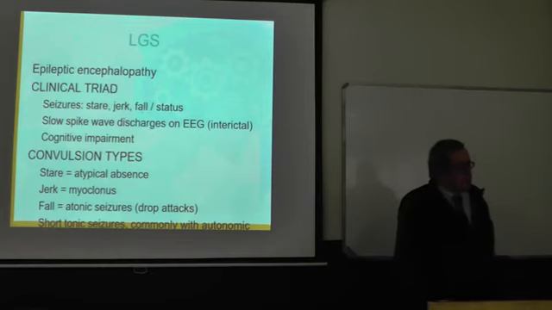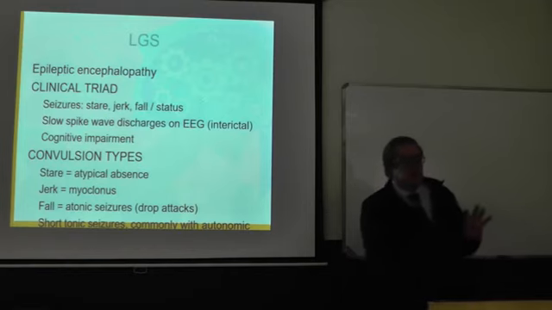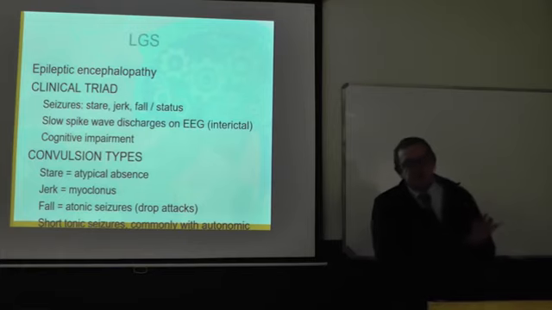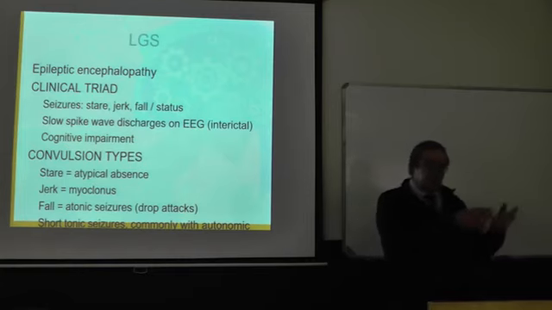Stare, jerk, and fall, they can often present in status epilepticus, and you need to be cognizant of the fact that the definition of status epilepticus has now changed. If you've got 5 minutes of epileptic seizure, you have status epilepticus. Previously we said give this medicine, wait, give this medicine, wait, and so on.